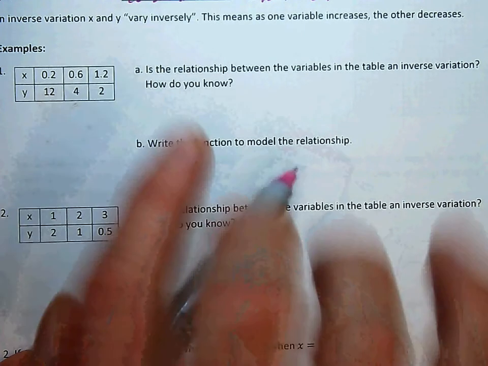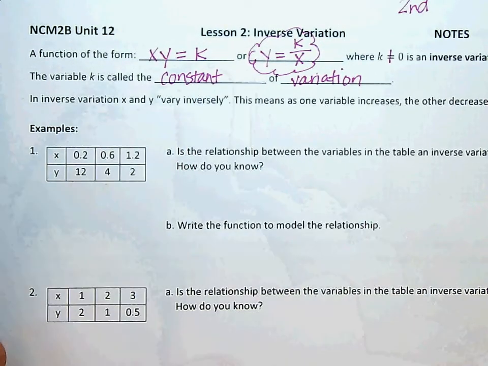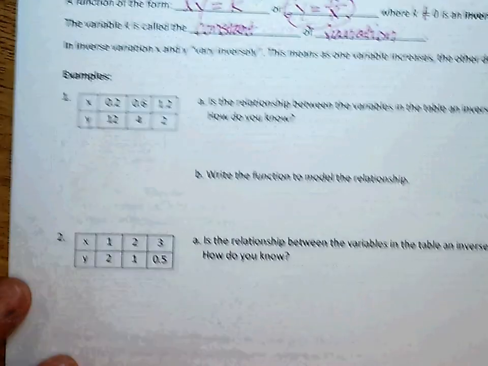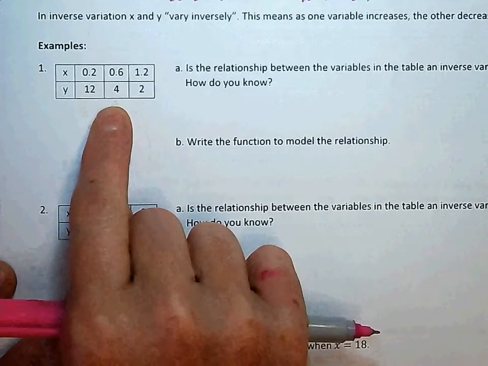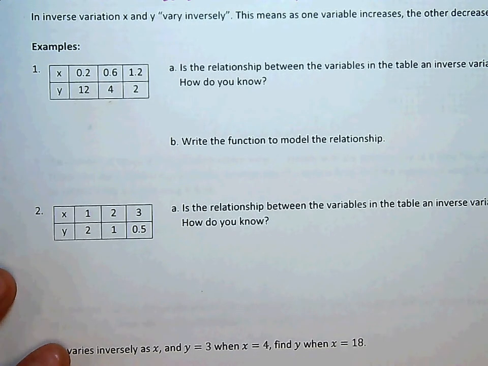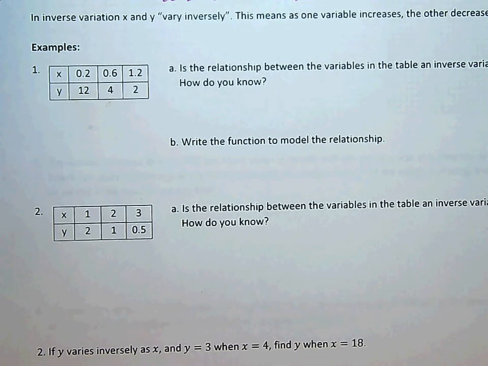Looking back up at the first part of your notes here, how can you tell if they are varying by the same constant? Dividing y by x. Maybe y by x. I think that's what we did yesterday, didn't we? To find the constant of variation. Try it and see. Let's use your calculators, guys. See if you can figure out how to do it.